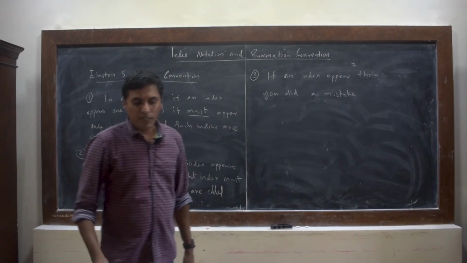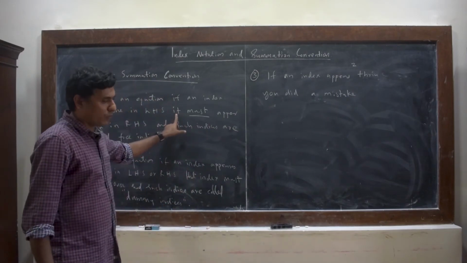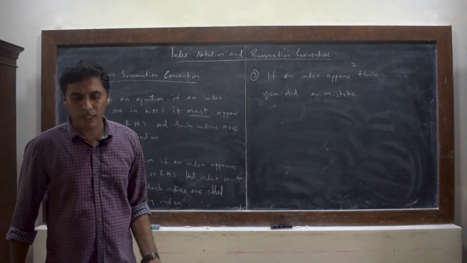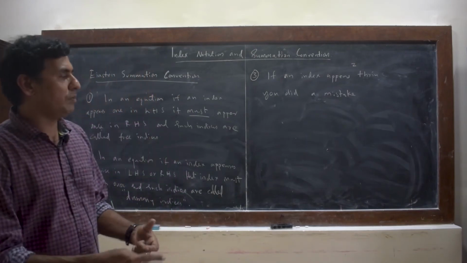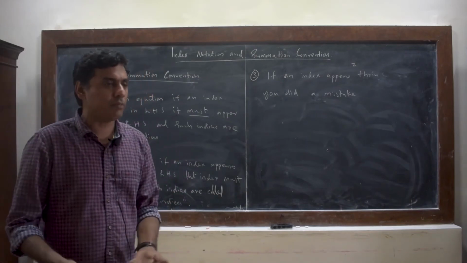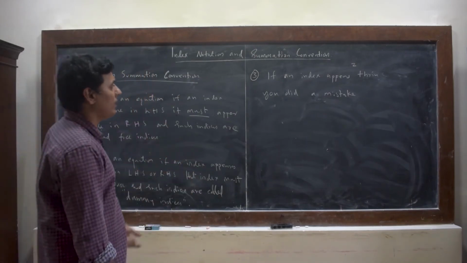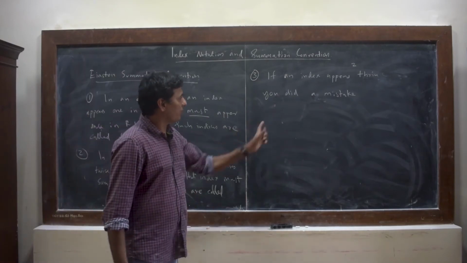The index can appear either once or twice. If it appears 3 times or 4 times, then clearly you made a mistake, and that is the point.